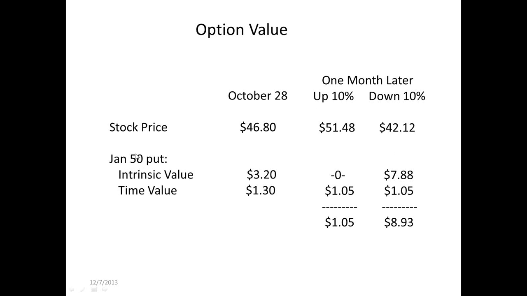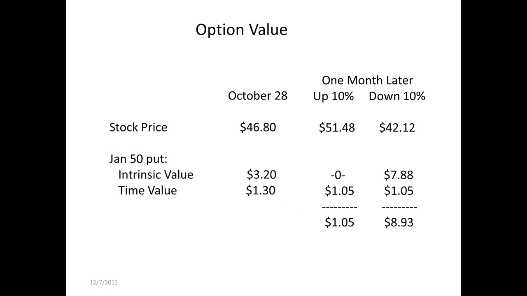Well, the 50 put no longer has any value, so the intrinsic value on this option would be 0. 1 month later, the time value has decayed 25 cents off the $1.30 down to $1.05. So your $4.50 option is now only worth $1.05.